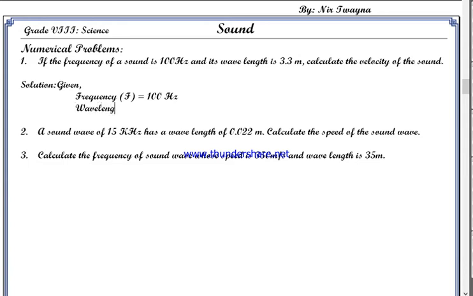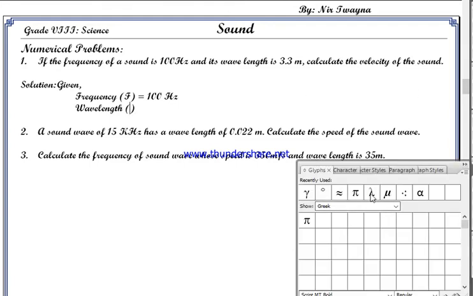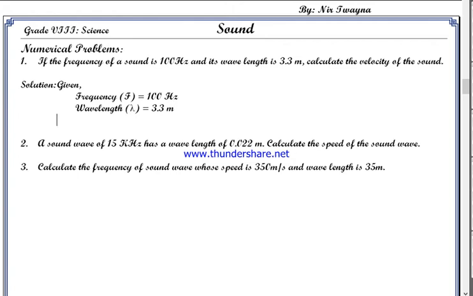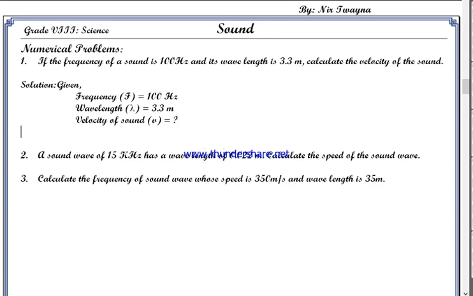Wavelength means lambda. Lambda, wavelength lambda equals 3.3 meter. Now what do you need to find? Velocity of sound, that means V equals what?